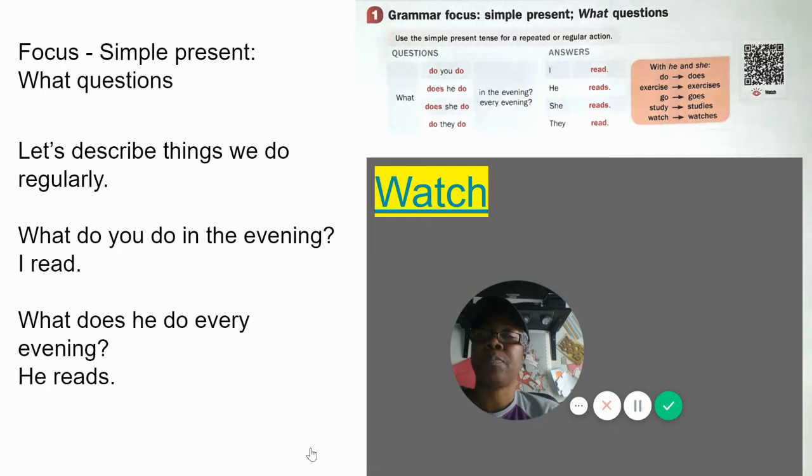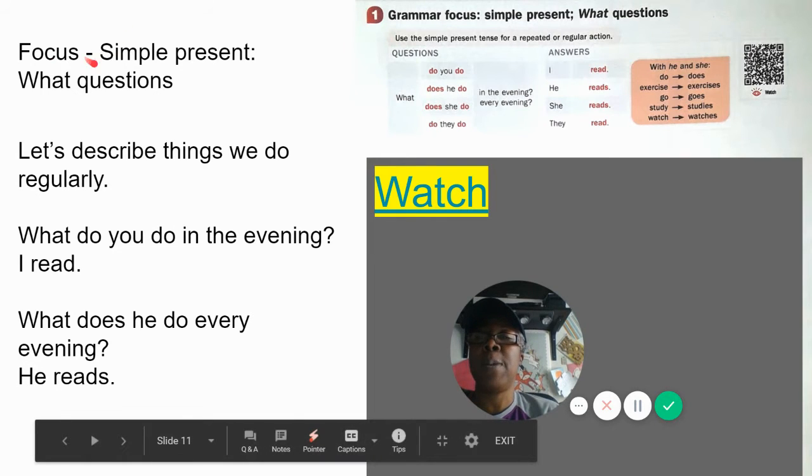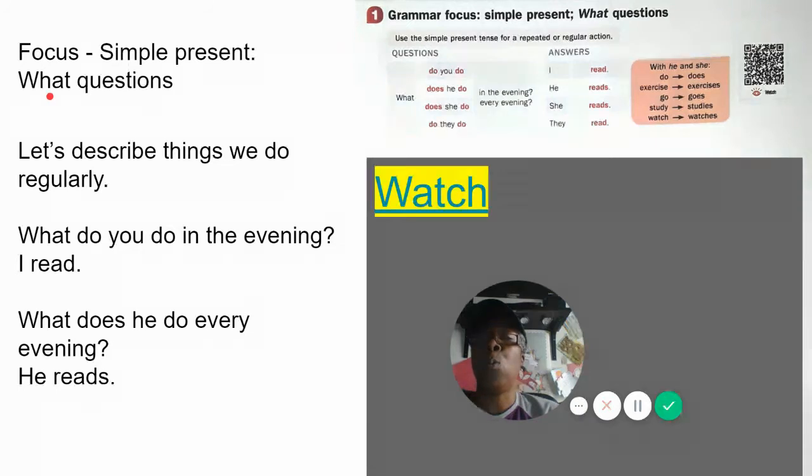All right. So our focus is going to be the simple present with our what questions. Of course, we have a lot of WH questions: why, what, who, when, where. This focus is going to be on our what questions.